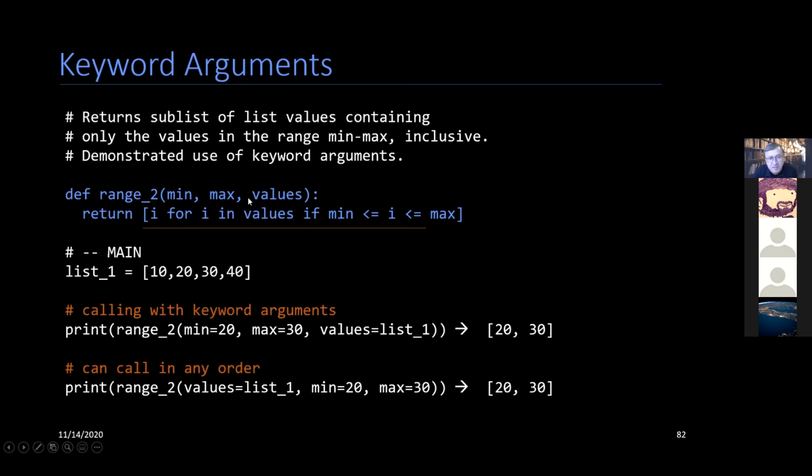So I have to know what these dummy parameter names are to be able to do this, right? But that's nice if you can't remember if min or max comes before the other. Then you might just use the keywords and not worry about it. So that's what's called keyword arguments.